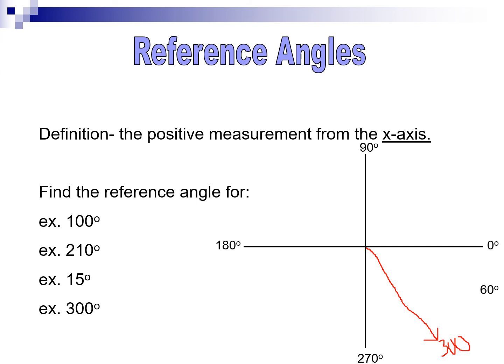The reference angle is to go from there to the x-axis. And it turns out the reference angle for 300 degrees is 60 degrees.